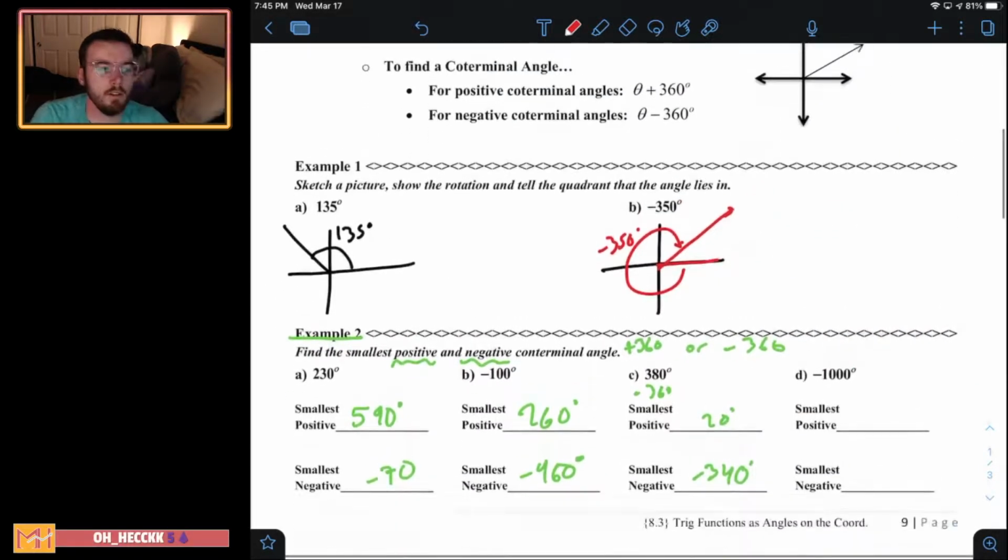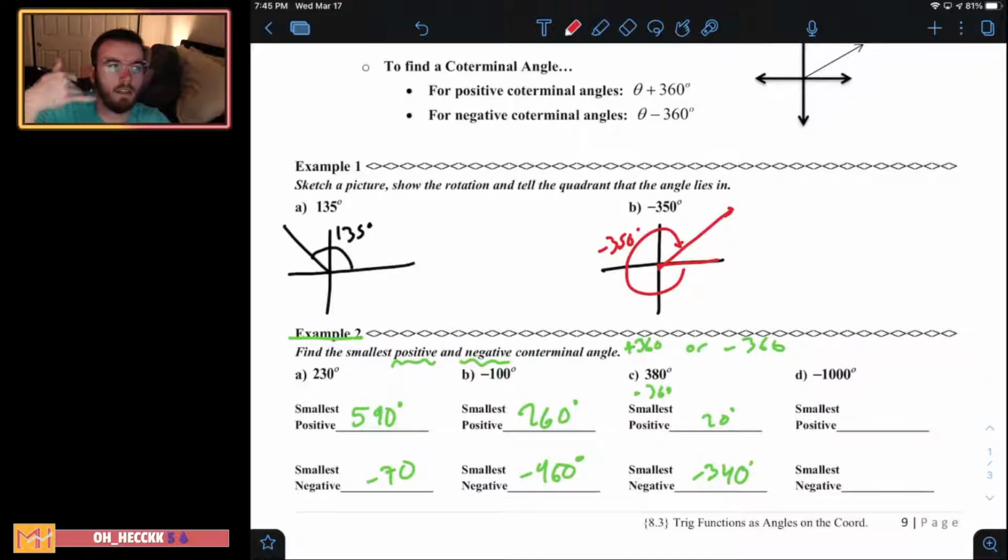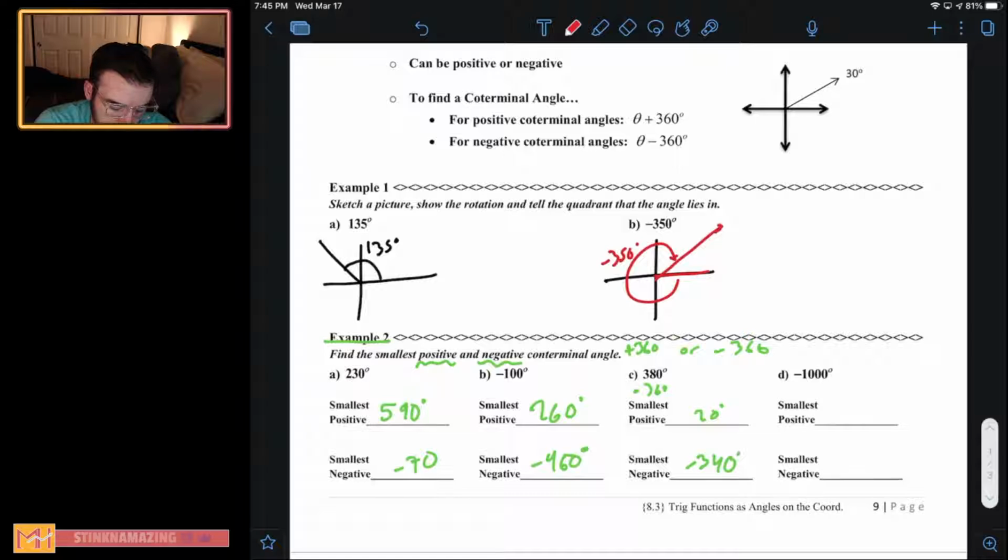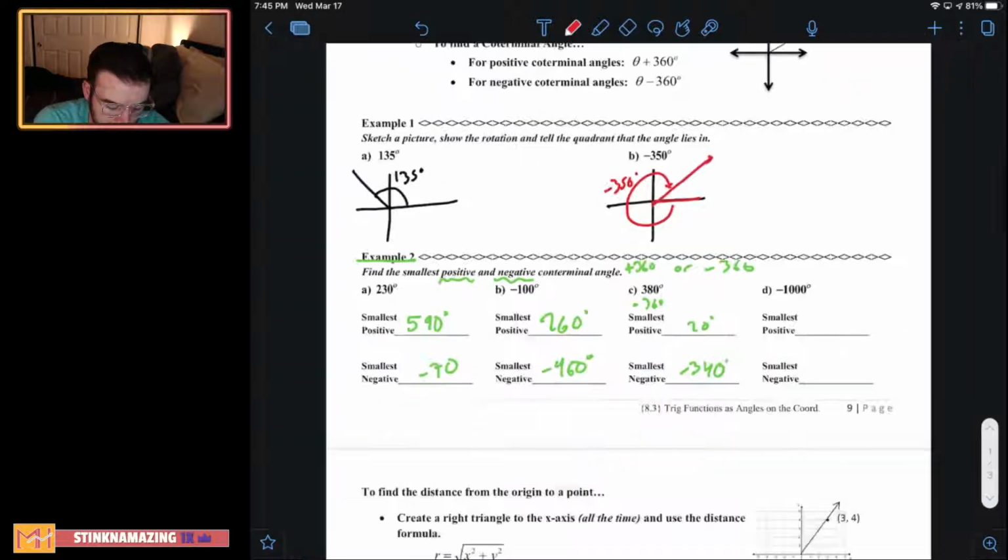Okay, hopefully you understand there how angles are in the same spot, but by going around and around and around, it's technically a different angle, yet it ends up in the same spot. So different and the same all at once.